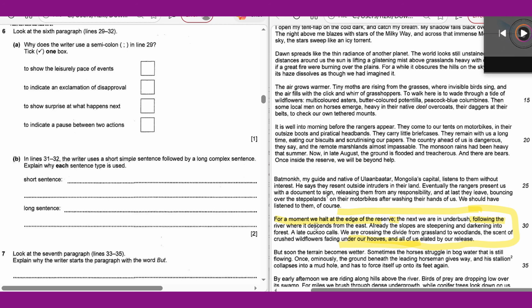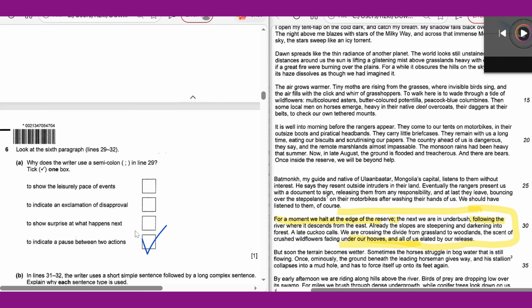Okay, you got your answer, guys. Let's check it out. Well, the correct answer is to indicate a pause between two actions. So for a moment we halt at the edge of the reserve; the next we are in underbush, following the river where it descends from the east.